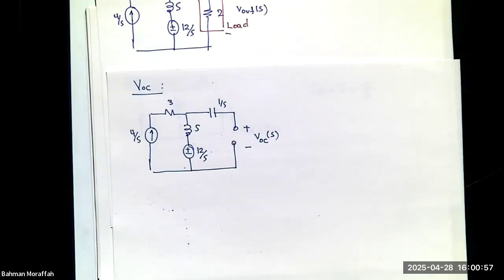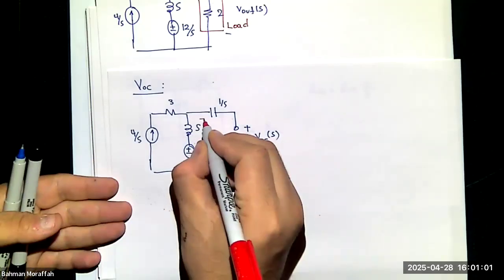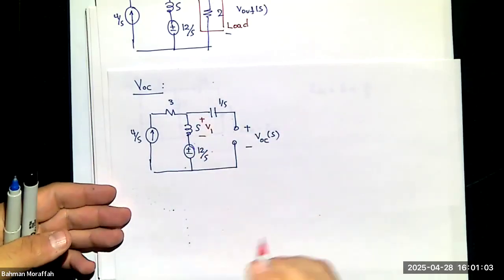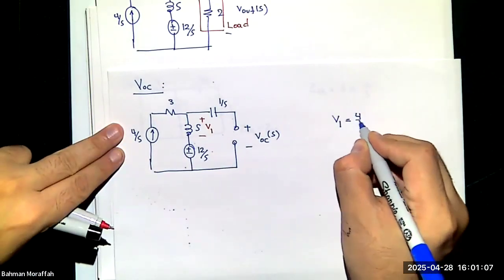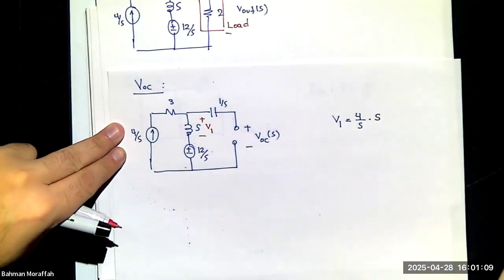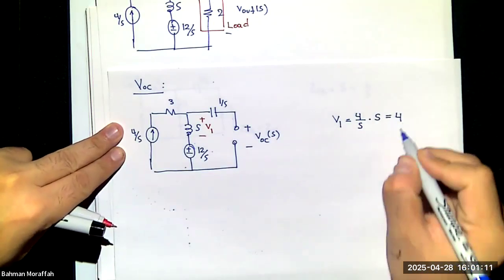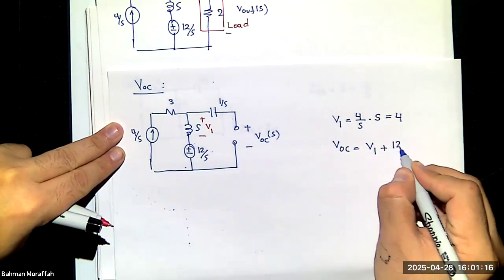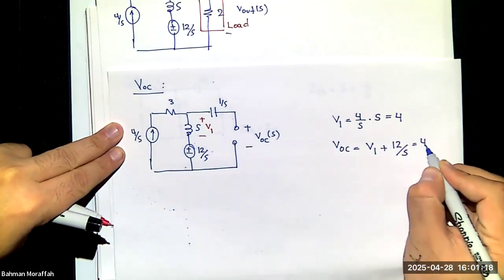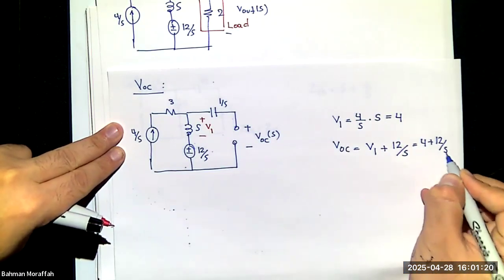Let's just call it V1. What is V1? It's 4 over S times S. So it's 4. Therefore, what is V open circuit? It's V1 plus 12 over S, which is 4 plus 12 over S.